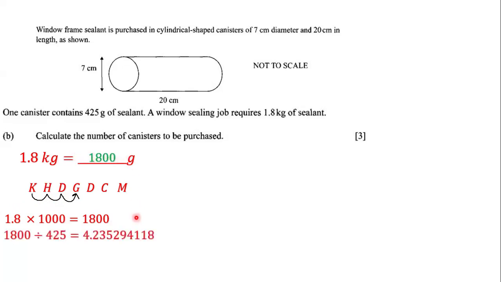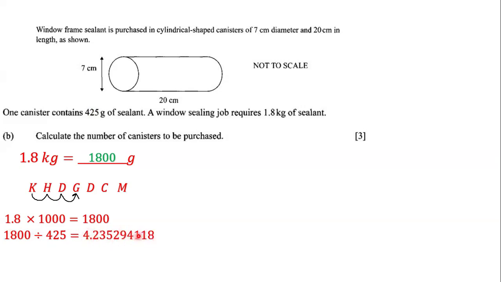And so if we want to figure out the number of canisters to be purchased, we have to take 1,800 grams and divide it by 425 grams. When we divide it, we get 4.235294118.